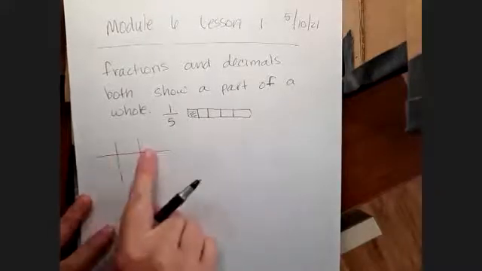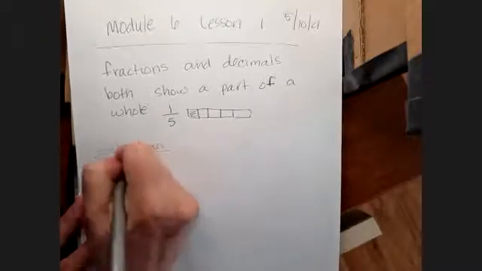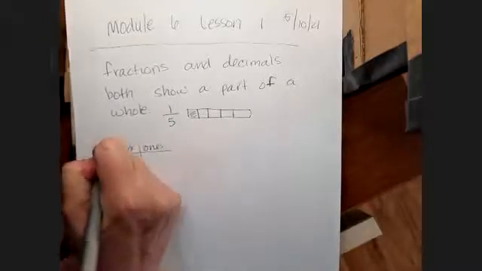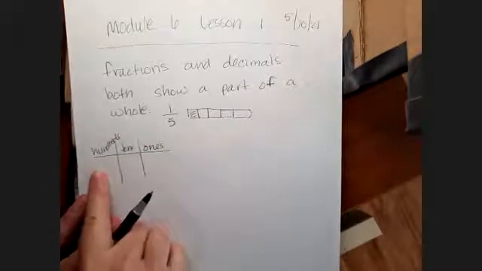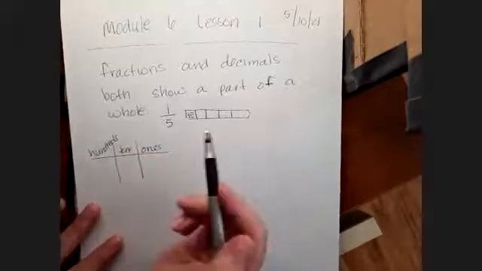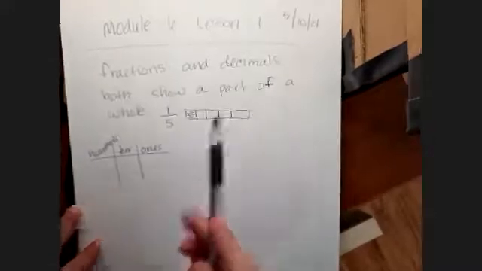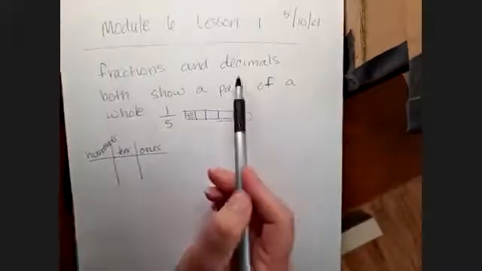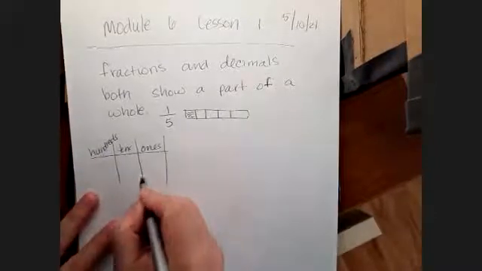But I'm just going to draw ones, tens, and hundreds right here. We worked a lot with those place values. These are all whole numbers, not parts of a whole. However, if I had a part of a whole and I wanted to write it using place values, I'd use decimals. So let me add to my place value chart.